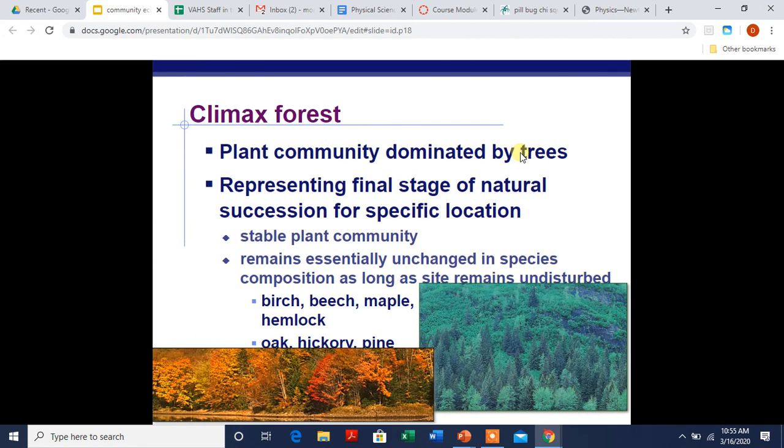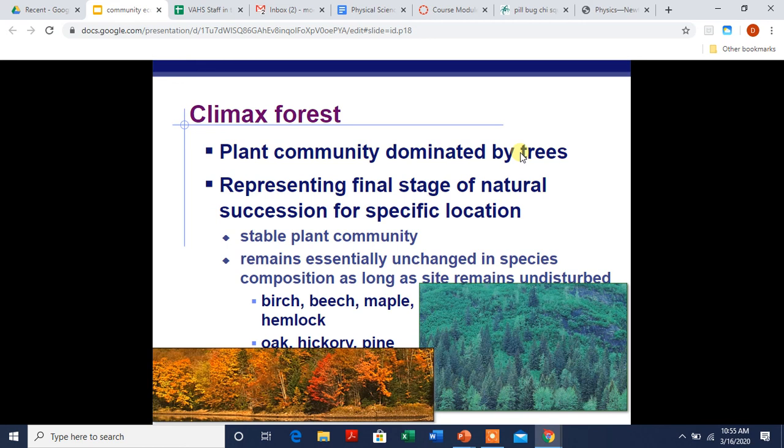Eventually, when we reach a climax forest, the plant community is dominated by trees, very shade-tolerant trees with very little on the understory. It represents the final stage of natural succession for a specific location, and it's a stable plant community. It remains essentially unchanged in species composition as long as the site remains undisturbed.